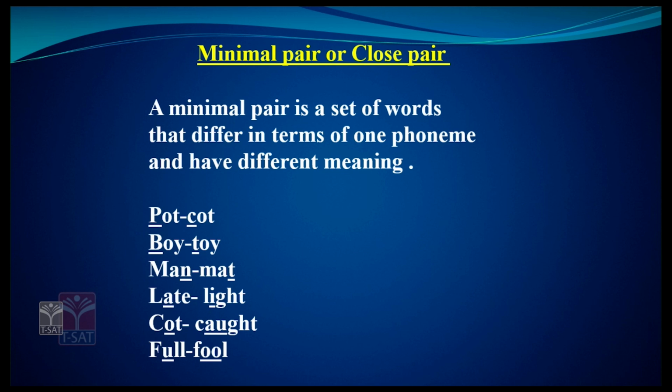So, pot and cot make a minimal pair for p and k, and boy and toy, a minimal pair for b and t, and man and mat, the minimal pair for n and t. Late and light, it is for the vowels in each. Cot and caught, and full and fool, it is a minimal pair for short u and long u.